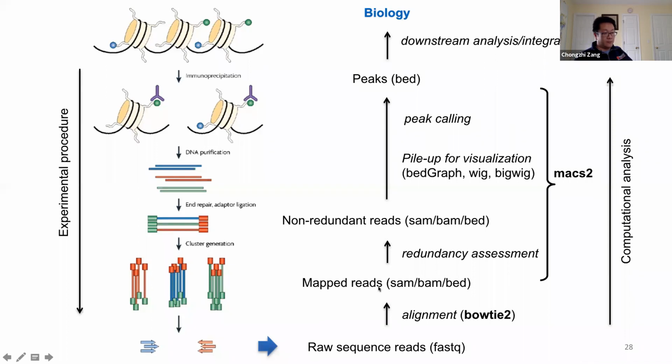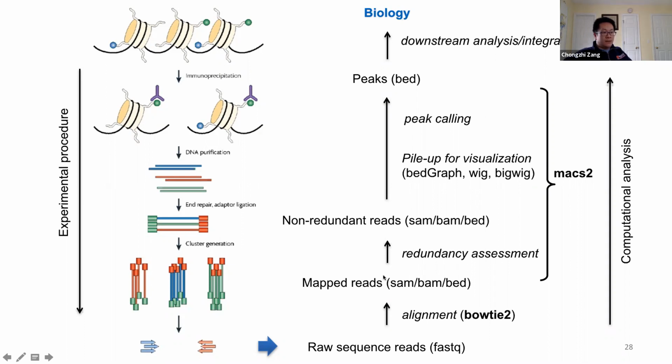That represents where in the genome, not only random DNA fragments, but we know the information of where these DNA fragments come from in the genome. And the quality of the raw sequence reads and the alignment will represent the quality of the sequencing procedure and the library preparation procedure.